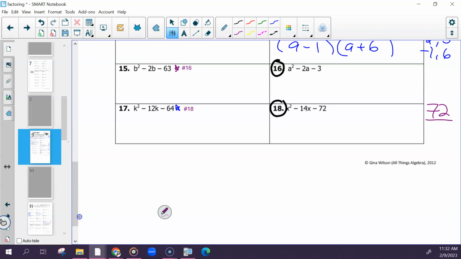Would 4 and 18 work for this? If we make one of them negative, which one would be negative? So we do x, not k. X minus 18 and x plus 4, those would be our answers.